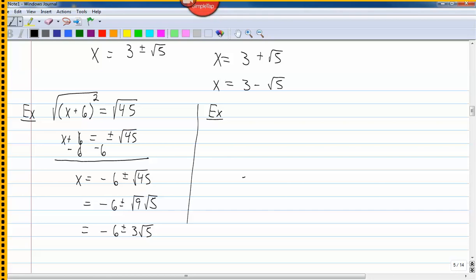Alright, I'm going to do one more just to show you what happens if you can take the square root of this number and get a whole number. So let's say that I had x minus 2 squared equals 36.